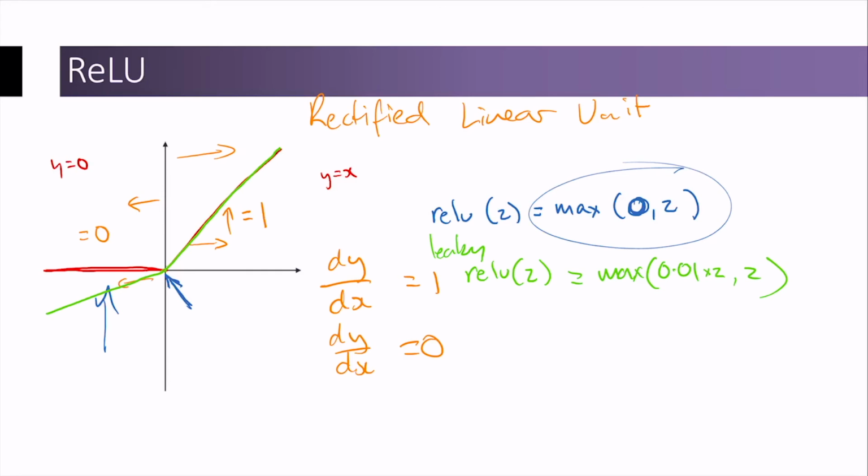So here it either takes 0.01 times z, or it takes z. And basically it takes this left value whenever z is less than 0, and this value whenever z is greater than 0. You can probably figure that out.